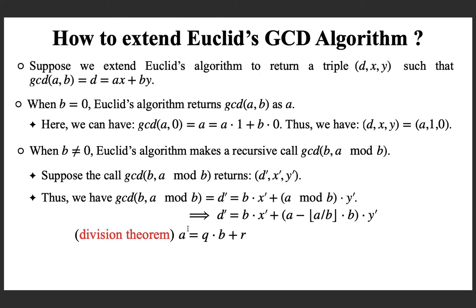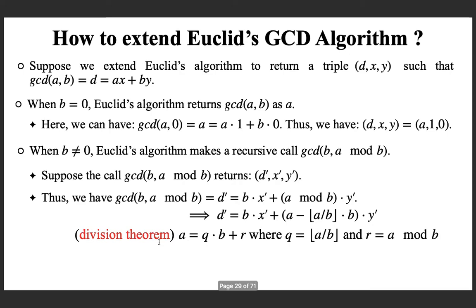Any integers a and b satisfy this equation. a is equal to b multiplied by the quotient of dividing a by b plus r, which is the remainder of dividing a by b. This is the division theorem. I hope you remember it. Otherwise, please go back to that lecture and see that this is exactly the division theorem.